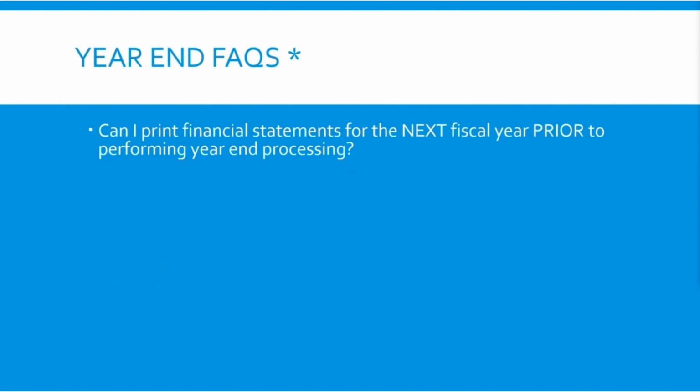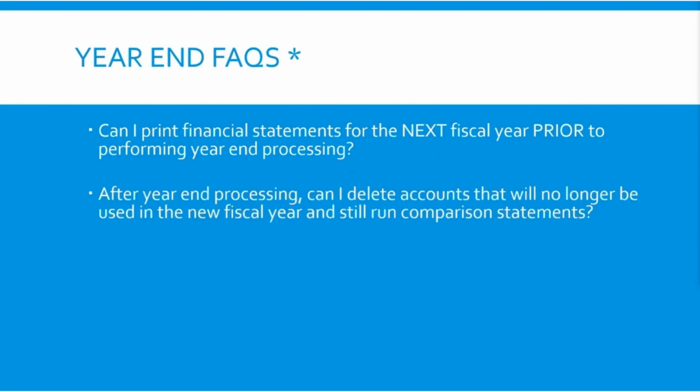When the report screen comes up, it'll default to the period it's going to run the statement for, and you can just click on the next period and run it for that period going forward. So there really are no restrictions on printing financial statements. You can print them for any previous year, any future year, regardless of what period your general ledger module is in.